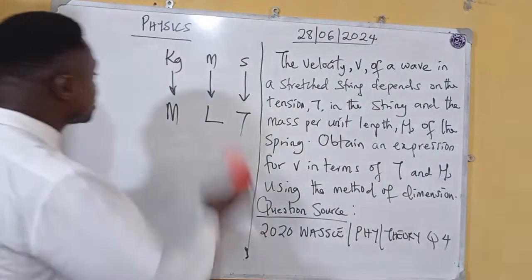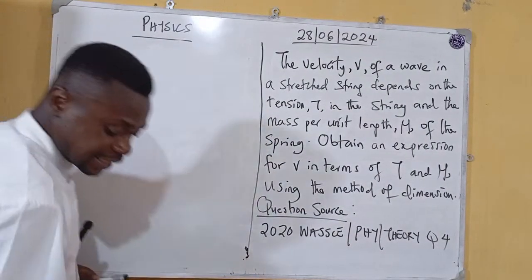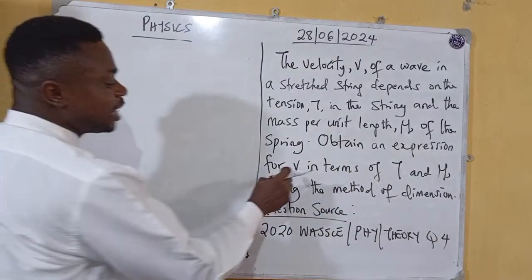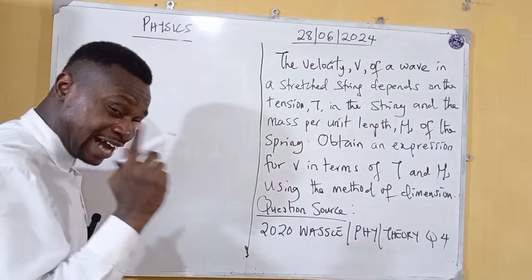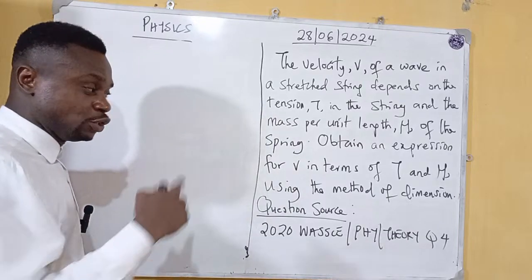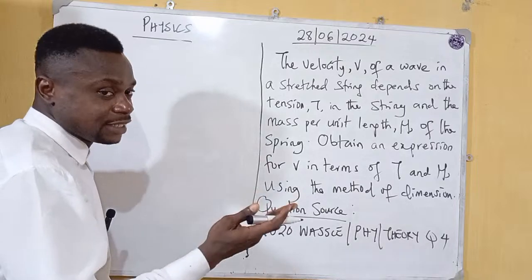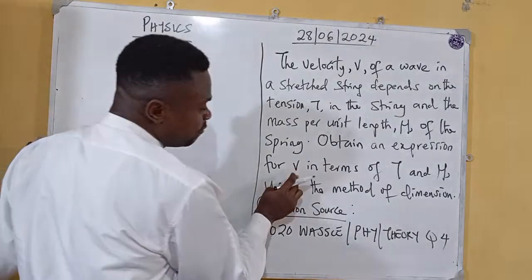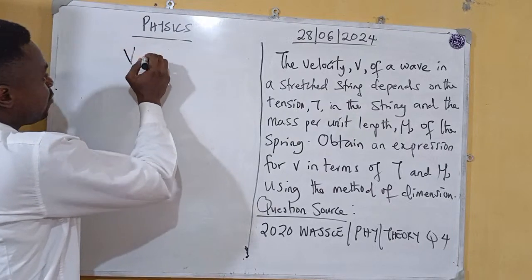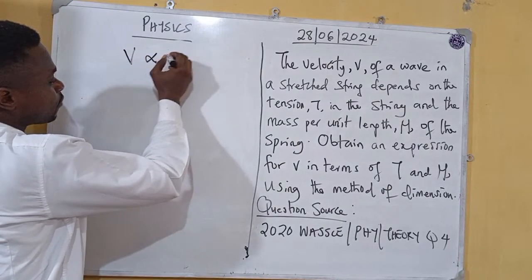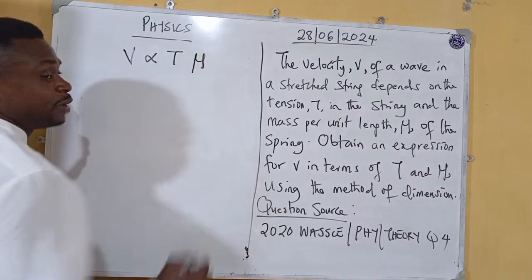Now let me put all these long stories in mathematical form. From what they state here, that we should express V in terms of T and mu, the expression is not an equation, so it will have a sign of proportionality. So we have V will now be expressed in terms of tension and mass per unit length.